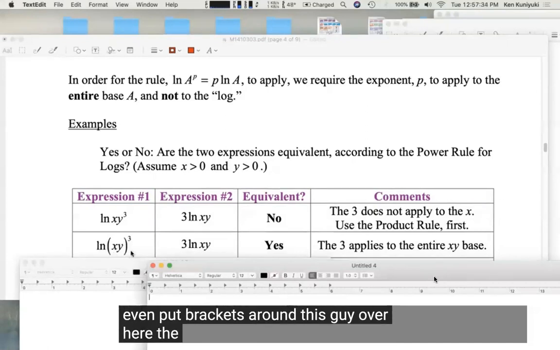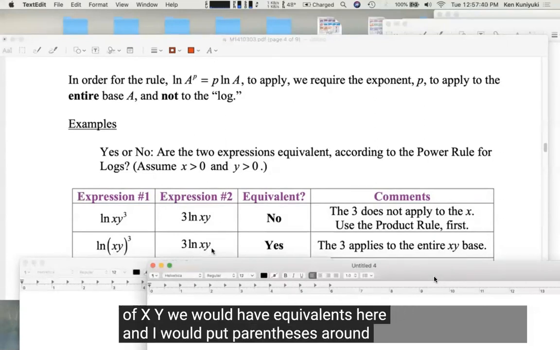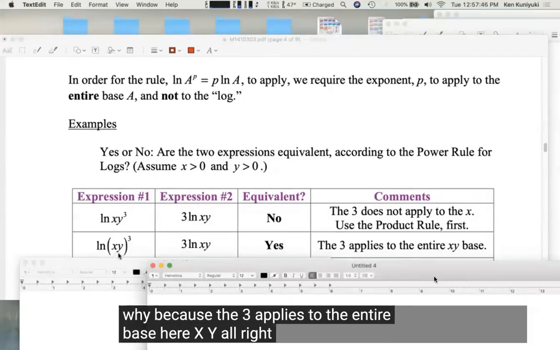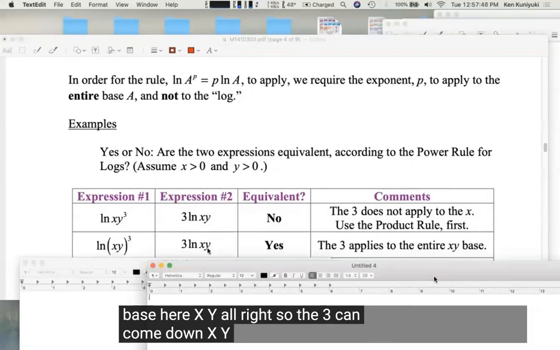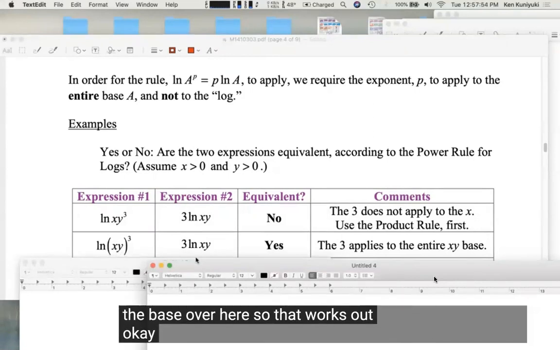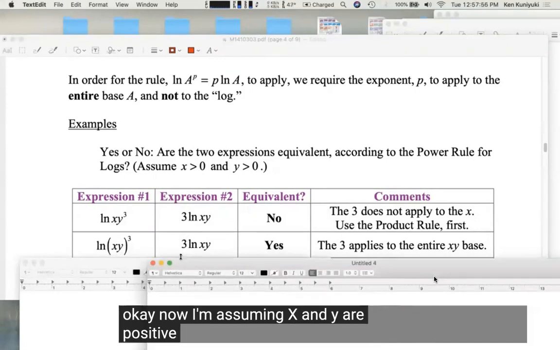The 3 can come down: 3 times ln of (xy). We would have equivalence here, and I would put parentheses around the xy, because the 3 applies to the entire base here, xy. So the 3 can come down. The argument xy was the base over here, so that works out. Again, I'm assuming x and y are positive in value.